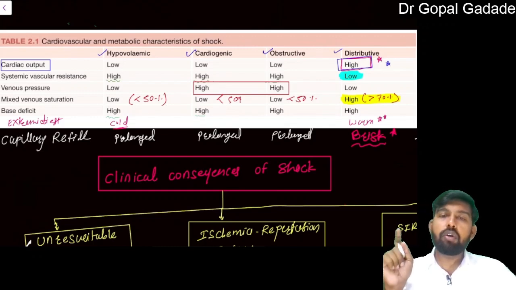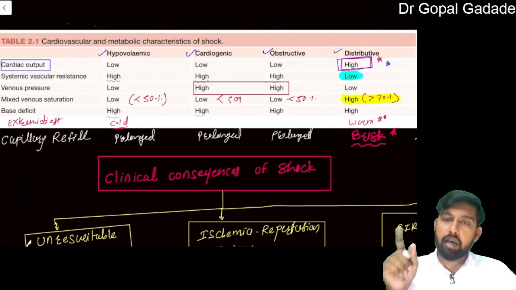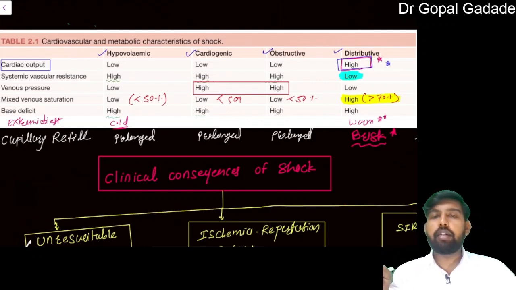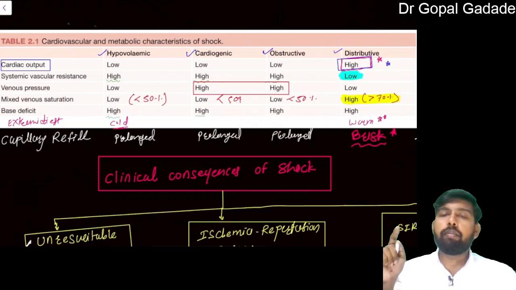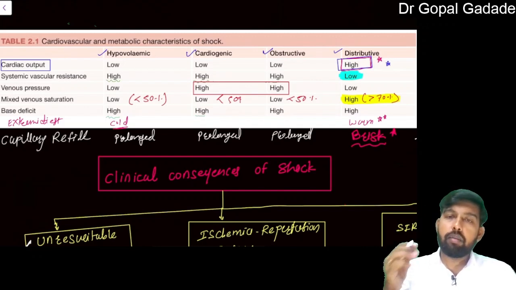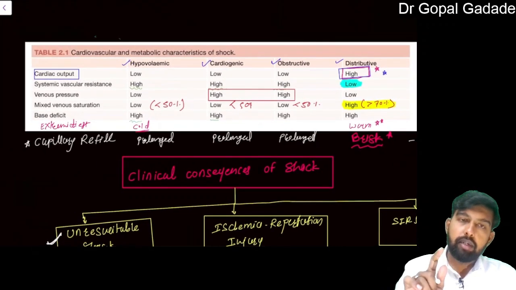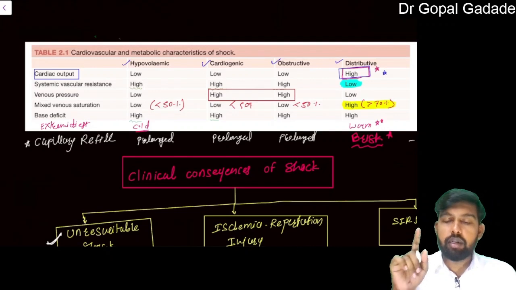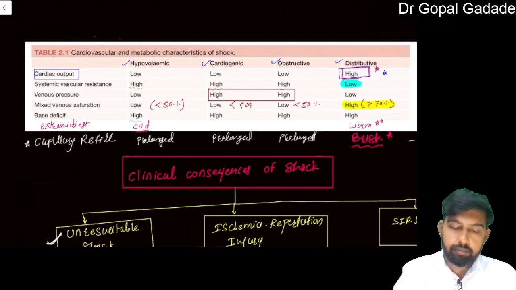So the problem is not at the level of the heart or the volume of blood. The problem is at the distribution. The body senses that the blood is decreased at the level of the cell, so it tries to increase the cardiac output as a compensatory mechanism. So remember that in all shock the cardiac output is decreased except in distributive shock, the septic shock.